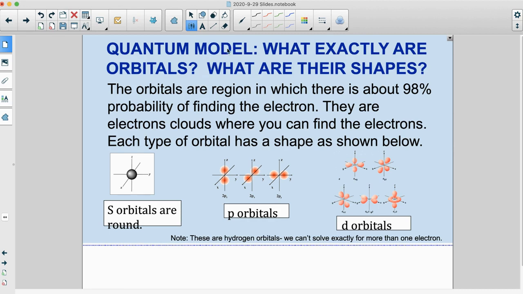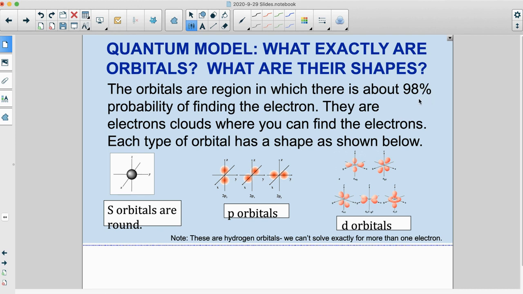And in the quantum model, electrons are in orbitals. Orbitals are regions of space, just kind of defined areas in which there's a very high probability of finding the electron, something above 90%.